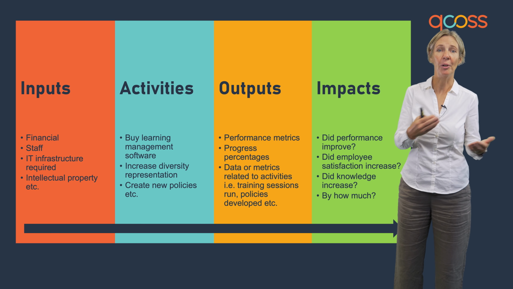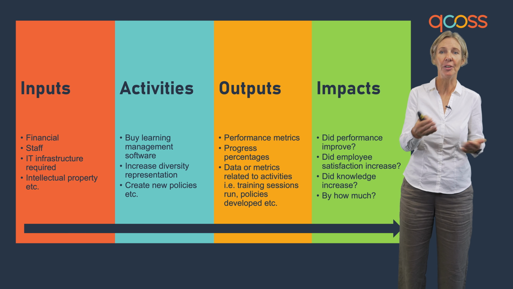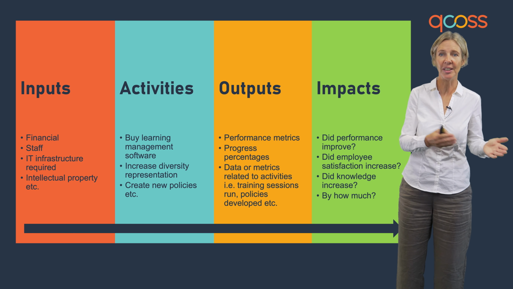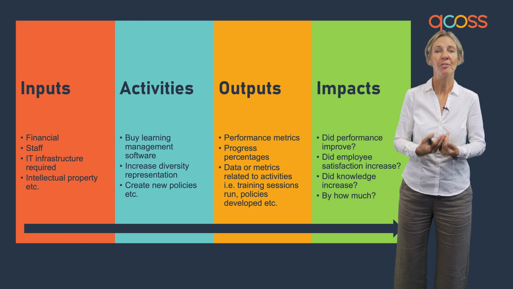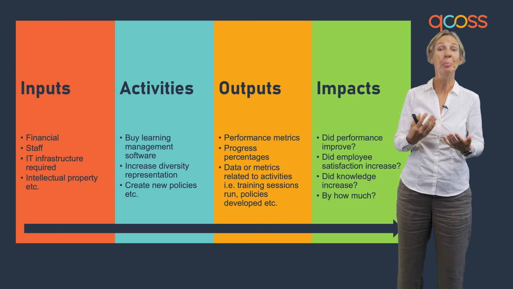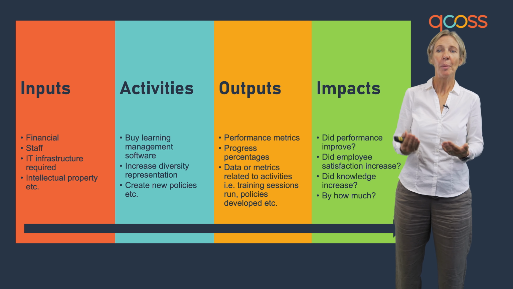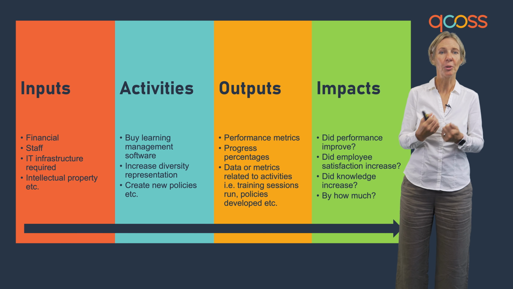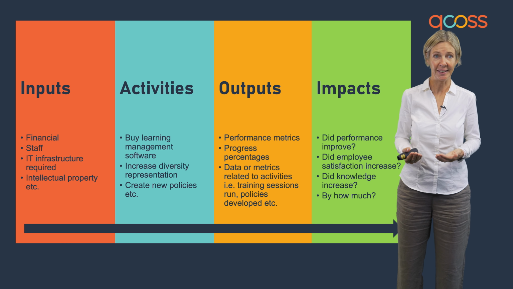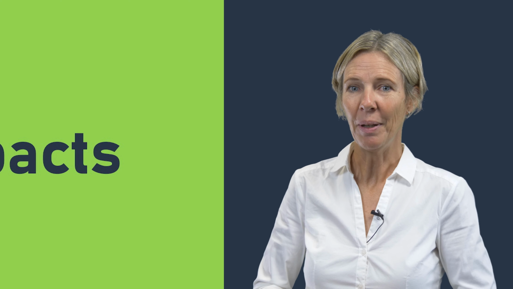And in the example of our 10 D&I events, the delivery of the 10 D&I events is the output. So outputs alone do not indicate the value or quality of what is being created. So in the example, just the delivery of the 10 events doesn't tell you much about the quality of those events.